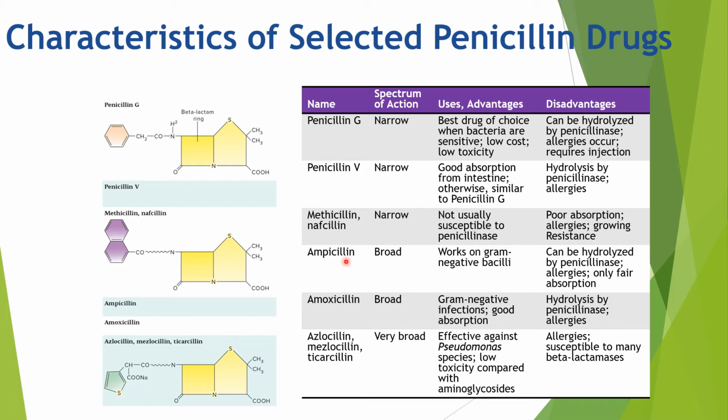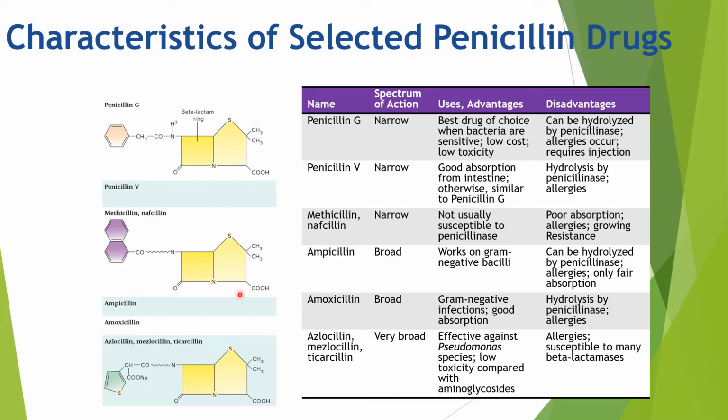And so ampicillin can target gram-negative. So ampicillin is going to be able to target both gram-positive and gram-negative, and it can also work on gram-negative bacilli bacteria. That's why we say that ampicillin is more of a broad spectrum antibiotic.